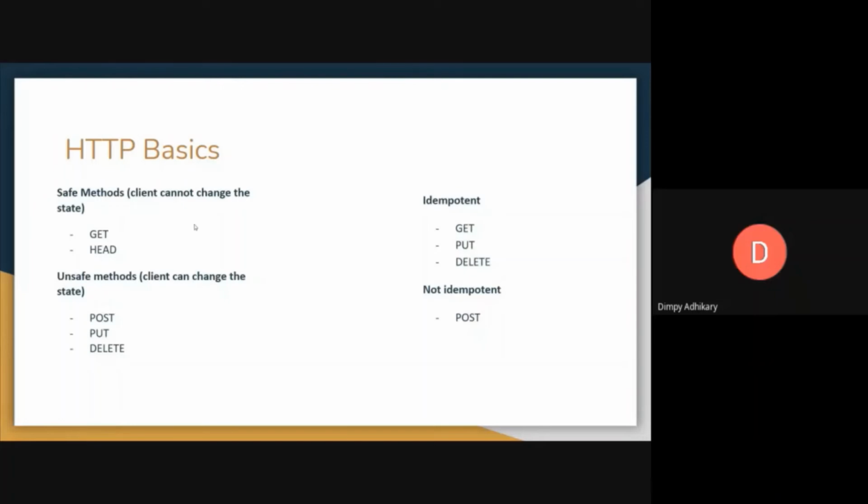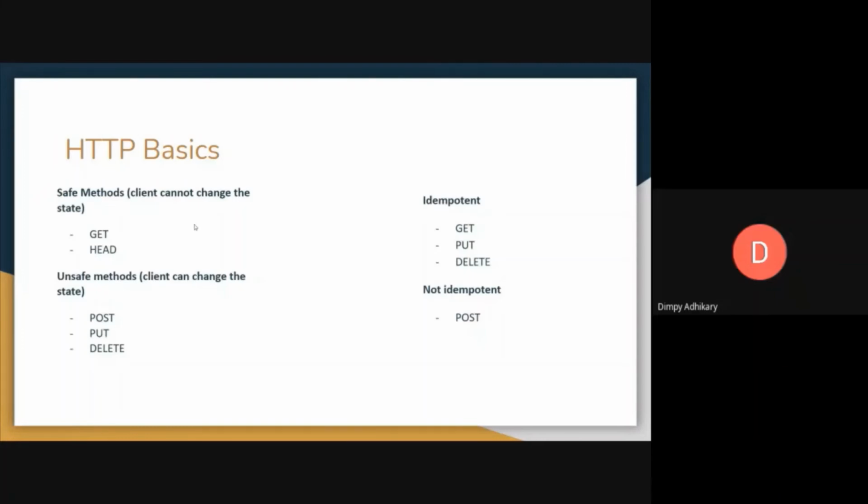So the web client can see the details, but the client cannot update the details in the DB using GET. Similarly, if you are sending a HEAD operation, it will send only the status code and header information, so you cannot make any changes in the backend. That's why GET and HEAD are considered safe methods.